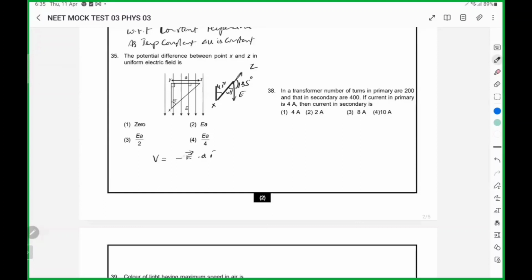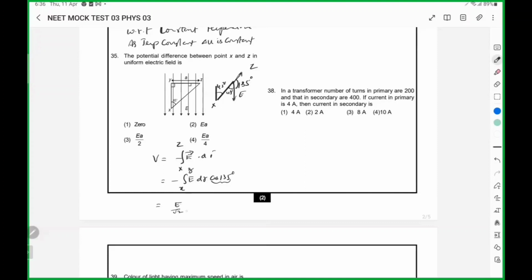This is from X to Z. So here it is E dr cos 135 from X to Z. So cos 135 is minus 1 by root 2.